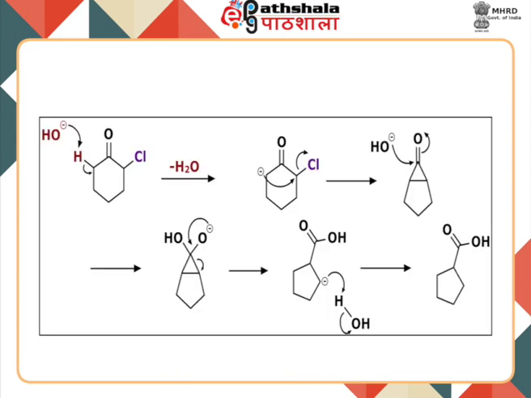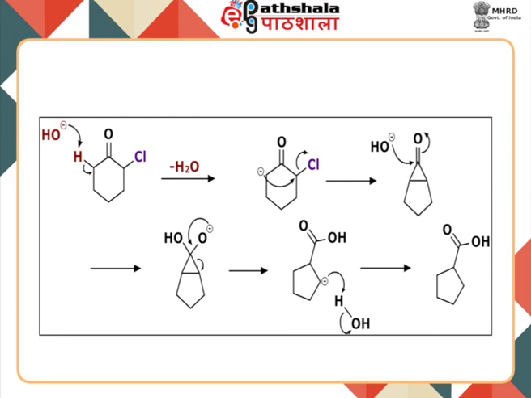Next type of reactions which involve carbanion formation are the rearrangement reactions. In this, we will discuss Favorskii rearrangement. The rearrangement of cyclopropanones and alpha haloketones in the presence of base to carboxylic acid derivatives is known as Favorskii rearrangement.